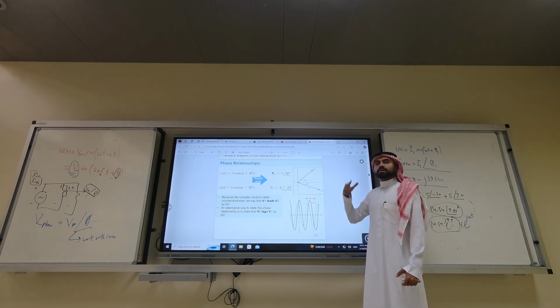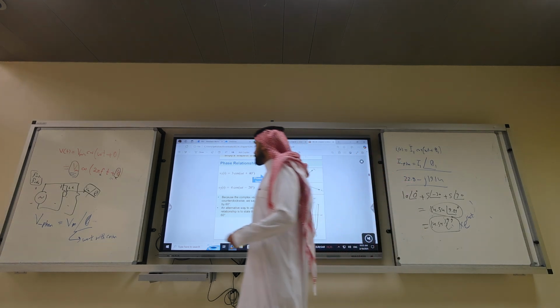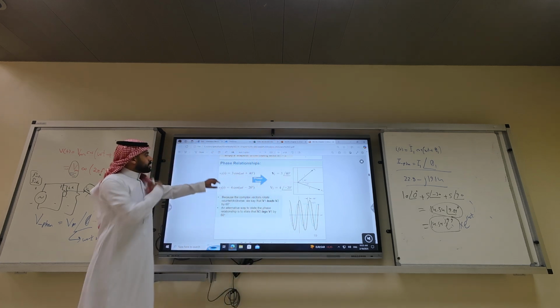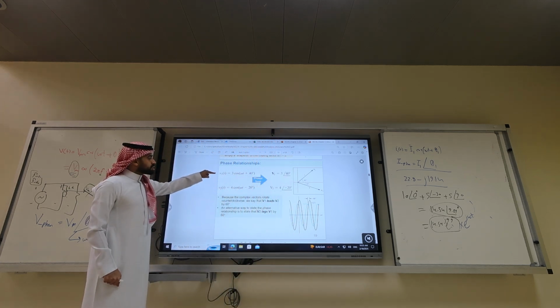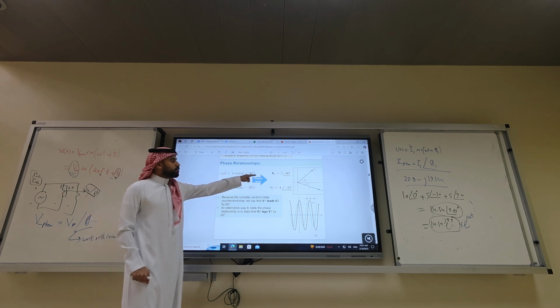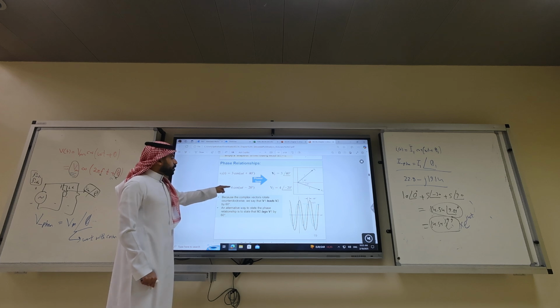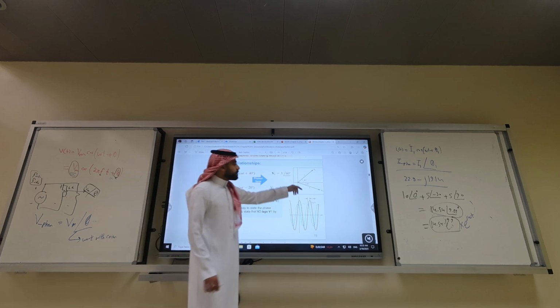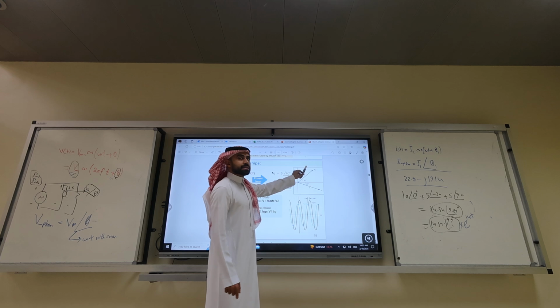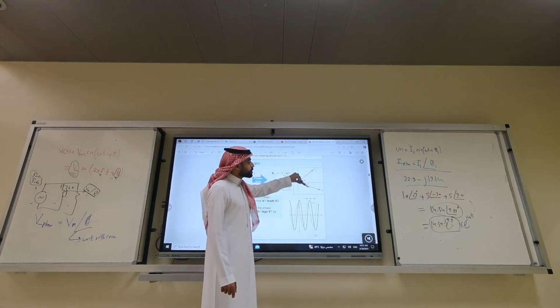Let me repeat the concept of leading and lagging. We have two signals. One is 3 cosine, angle 40, which as a phasor is 3 angle 40. We have another one, 4 angle minus 20. If you plot them, V1 leads, counterclockwise, before V2.